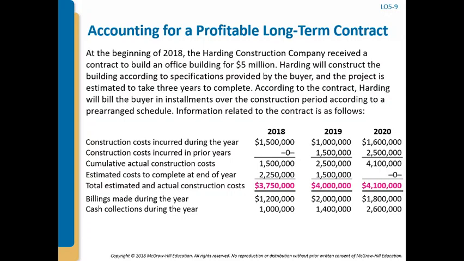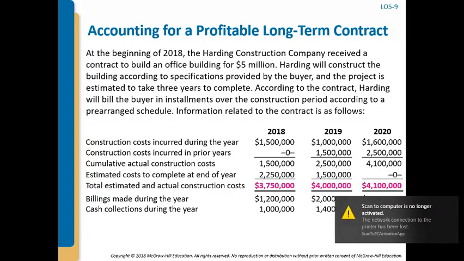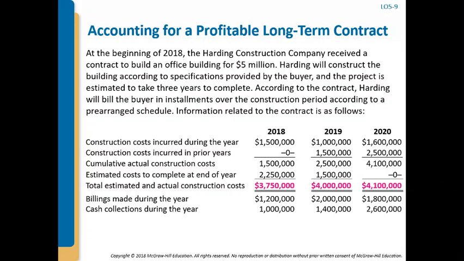They estimate that it will cost an additional 2.250 million to build, so the total estimated construction costs in 2018 are 3.750 million. In 2018, they billed 1.2 million and they collected 1 million.